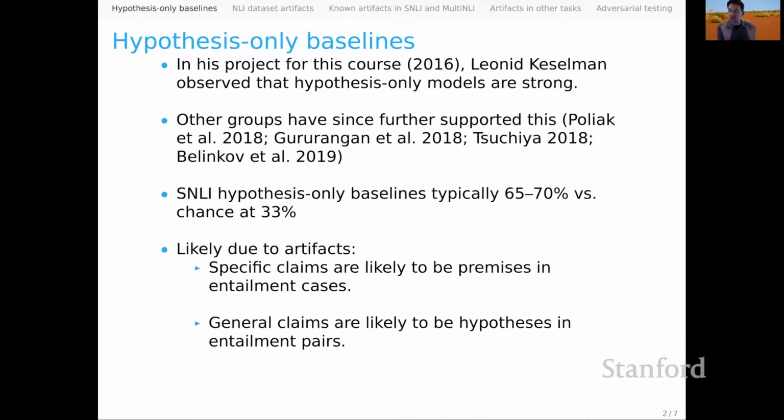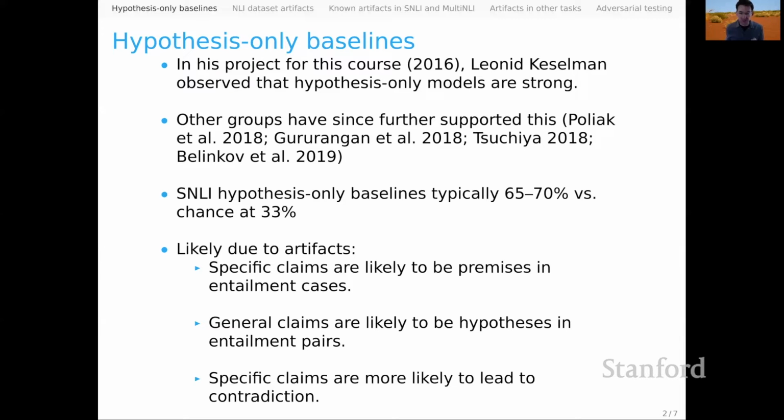And if you did just drop off the premise and looked only at the hypothesis animal, you might still have a pretty good guess that that's going to be an entailment case in virtue of the generality of the second term. And relatedly, specific claims are likely to lead to contradiction. A common strategy for creating a contradiction pair is to just make sure you have two sentences that exclude each other in virtue of being very specific. So it's in virtue of patterns like this that a system denied the premise can nonetheless succeed at about 65 to 70% accuracy.